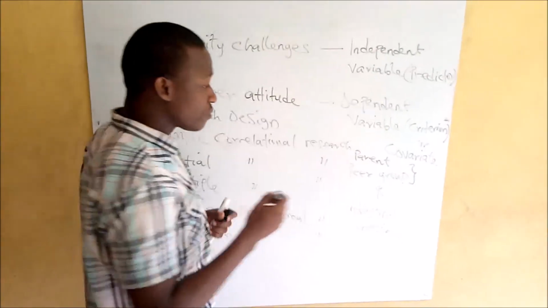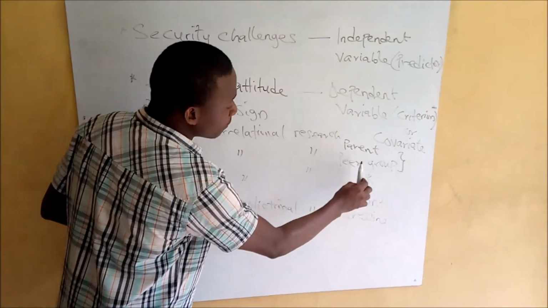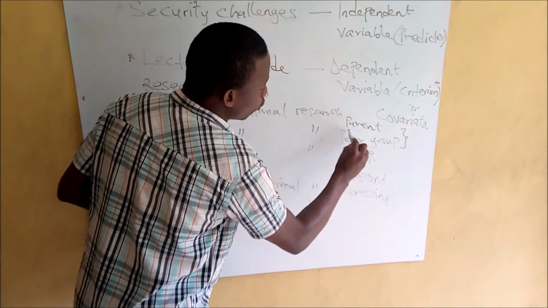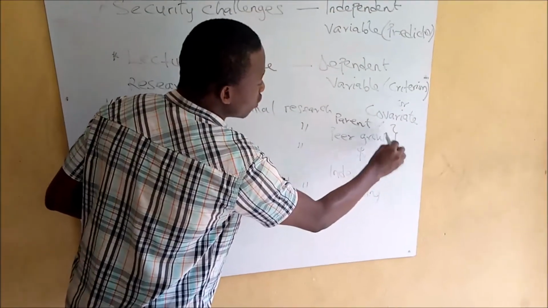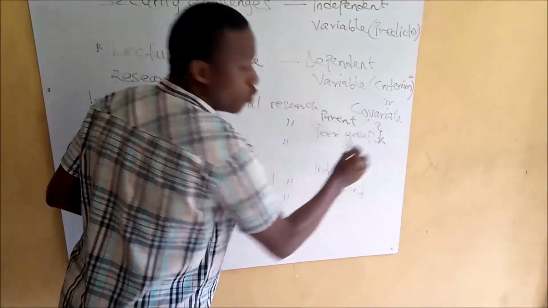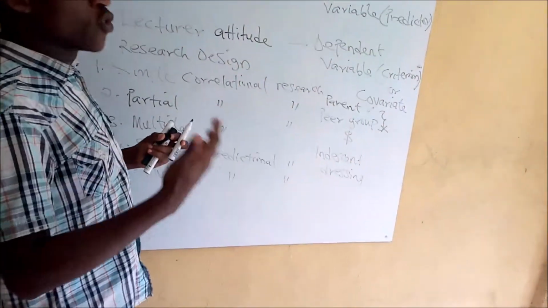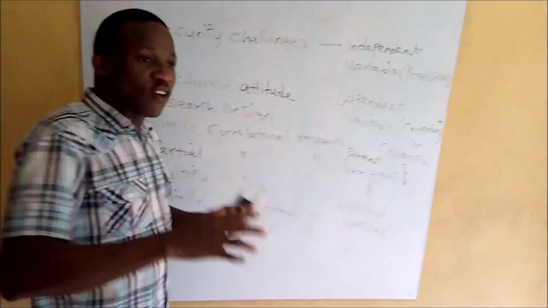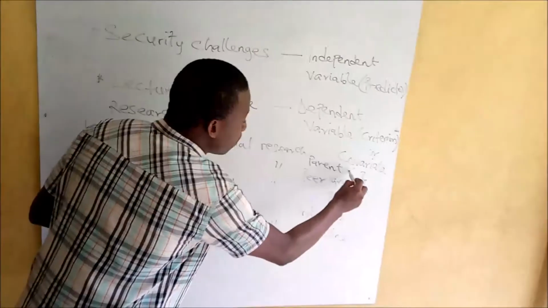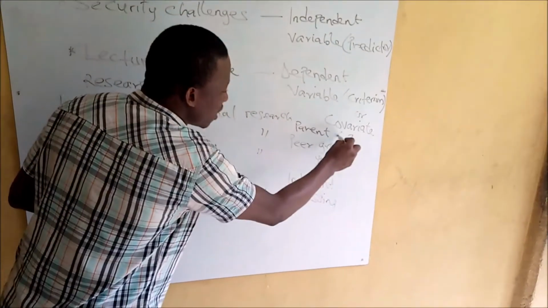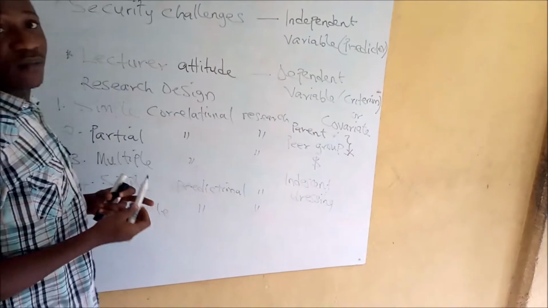If for example you want to first of all consider parents, what you do is to partial out peer group, or you can call it control peer group, or remove the effect of peer group, so that only parents will show the relationship with the indecent dressing.